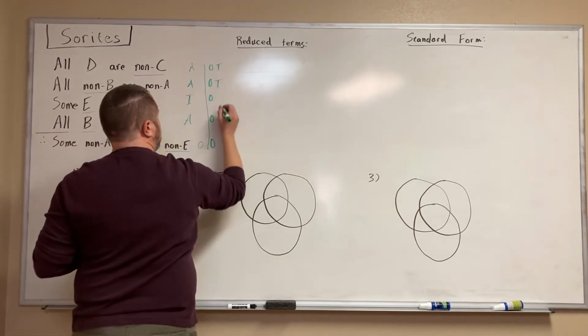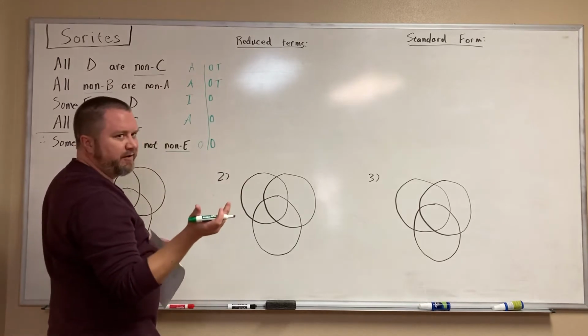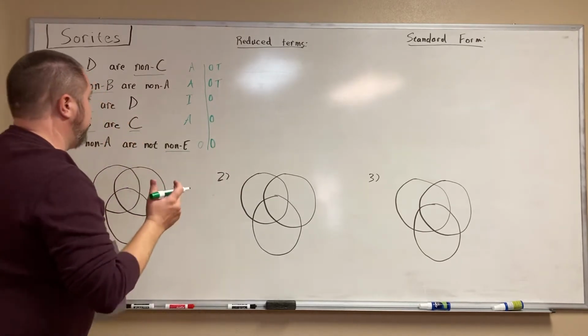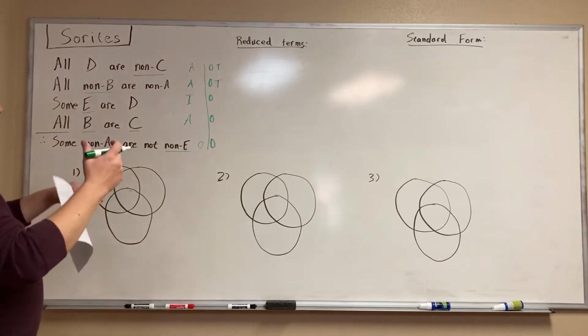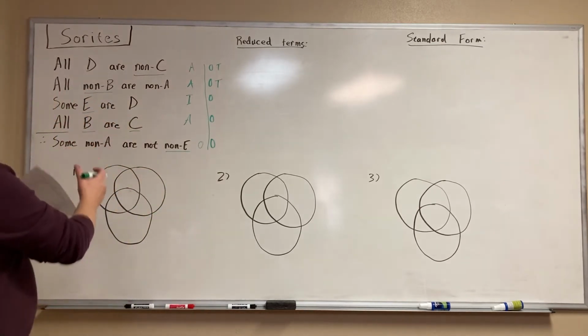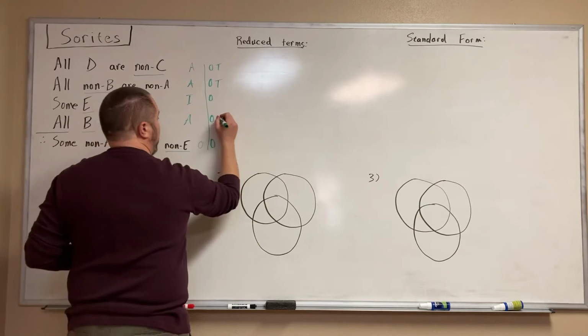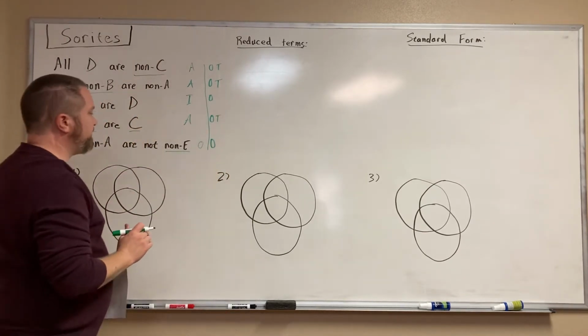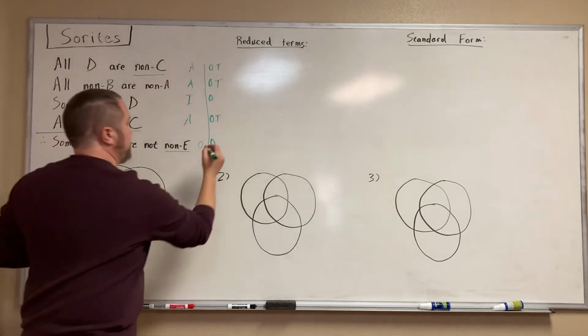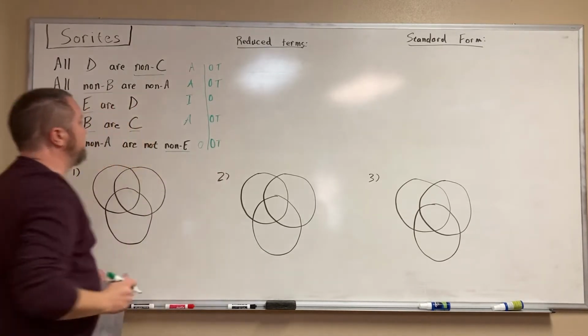So this is just kind of a reminder. Again, you don't have to do this, but I like to do it to remind myself what immediate inferences I have at my disposal for each statement. So I'll use T to represent contraposition, and then actually the O statement I can use contraposition.